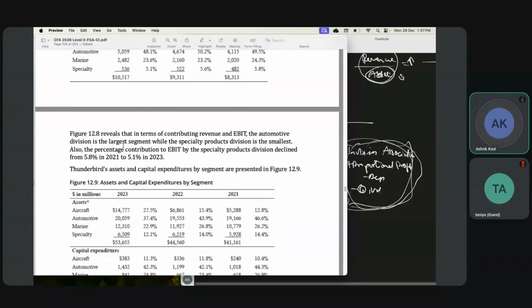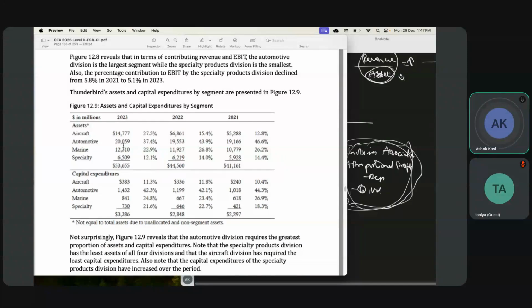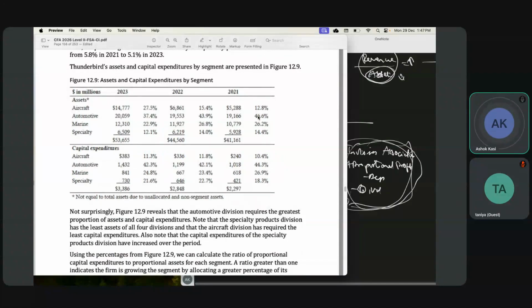Then here, asset and expenditure wise, 12, 15 and 27. See, a very high jump. Investments in assets, a very high jump. Okay.